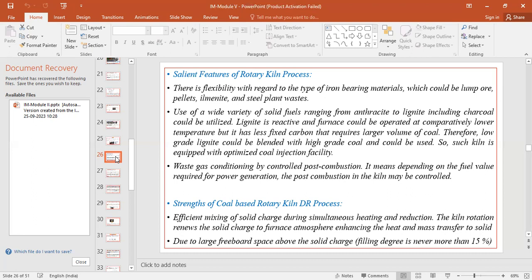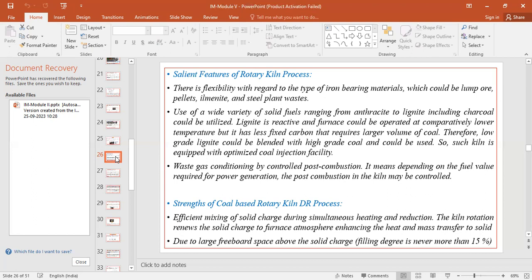Another strength of this coal-based rotary kiln DRI process is efficient mixing of the solid charge during simultaneous heating and reduction. This is what actually happens within the kiln. The kiln rotation renews the solid charge with the furnace atmosphere, enhancing heat and mass transfer effectively and efficiently.